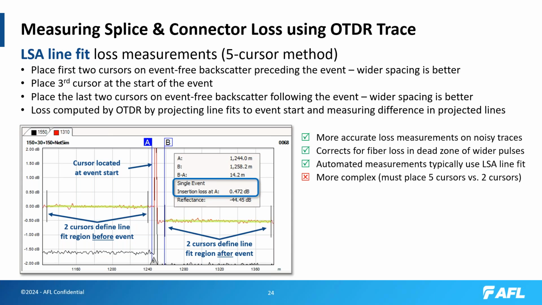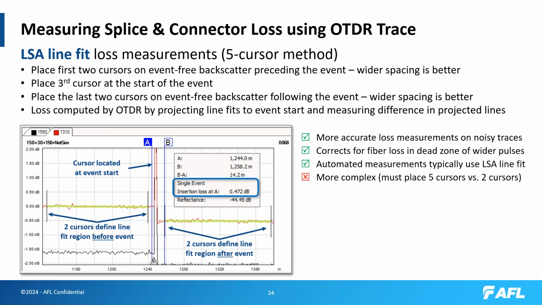And this will give you more accurate loss measurements on noisy traces. Because we're projecting the line fit to the start of the event, it also corrects for fiber loss in the dead zone of wider pulse widths. And typically your automatic measurements in the OTDR will be based on an LSA line fit.